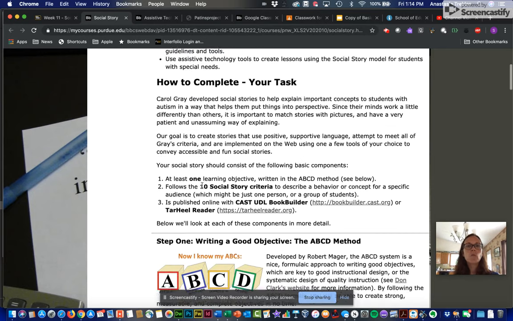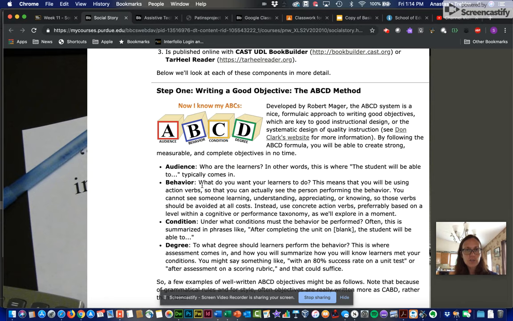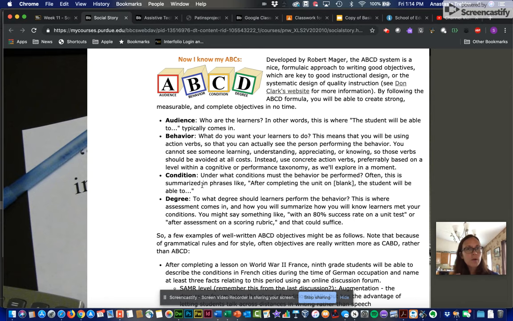So we're going to give them an objective to start with. We're going to make sure that they have one basic objective. So there's another chance for you to practice your ABCDs. Who are the learners? What do you want them to do? Again, use those action verbs. And give them the conditions.